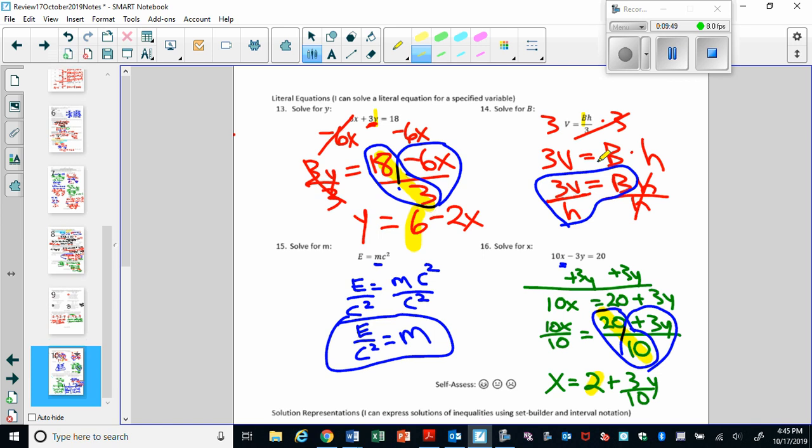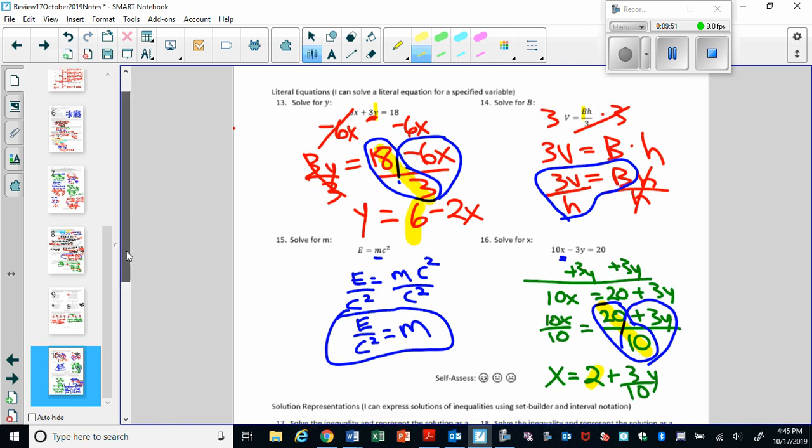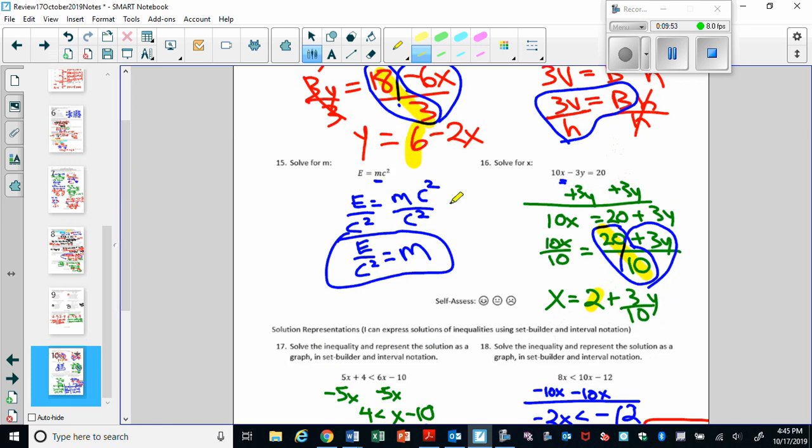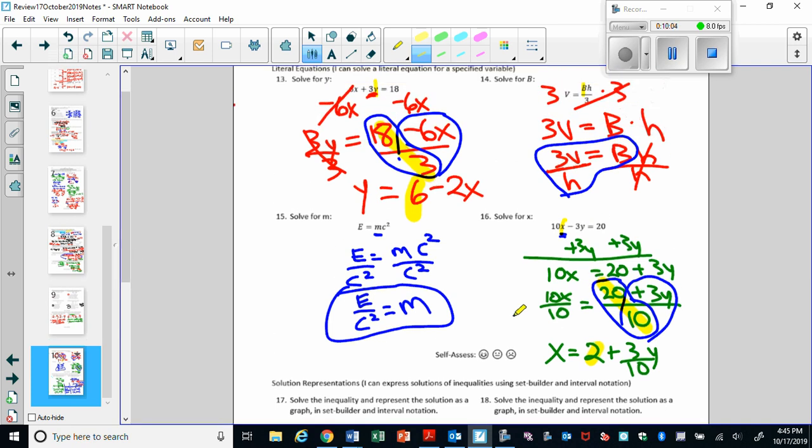Same thing with 14. 15 was just divide both sides by c squared. 16 was just like 13. Get the x term this time. And for both 13 and 16, once you get your answer, you have to break it apart, simplify each part.